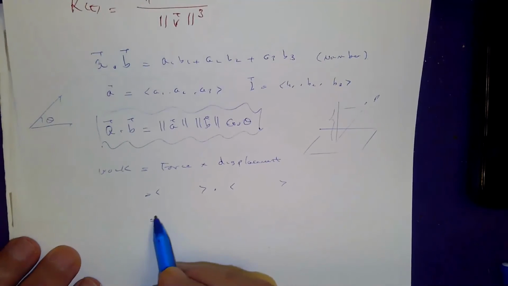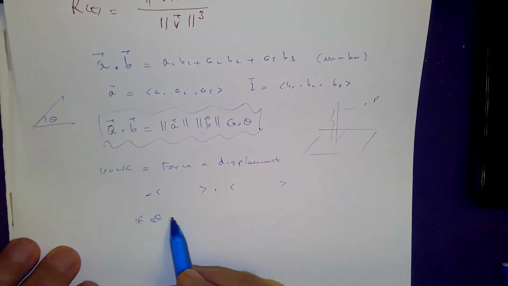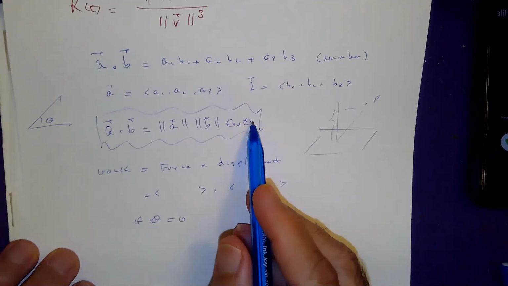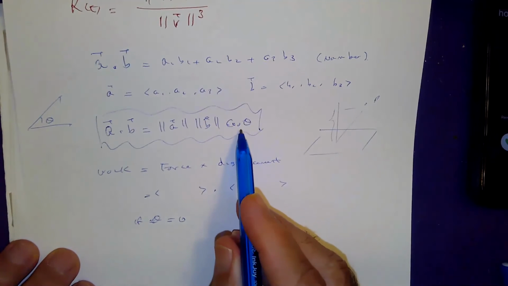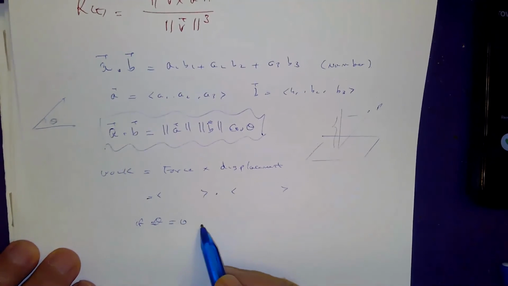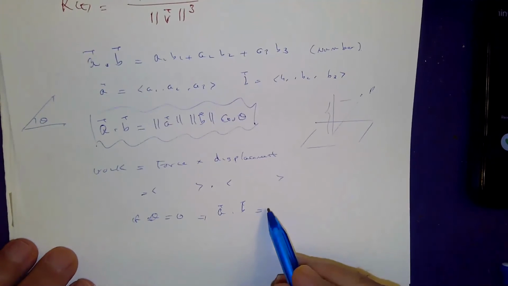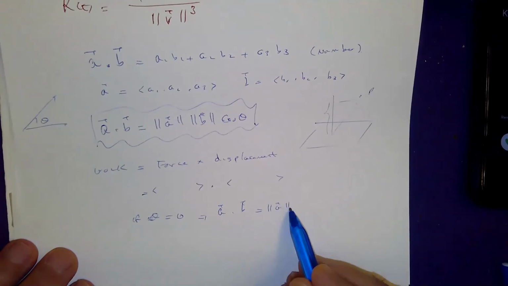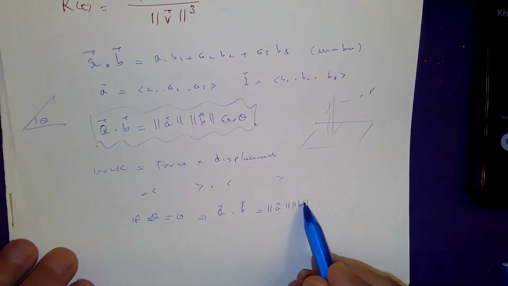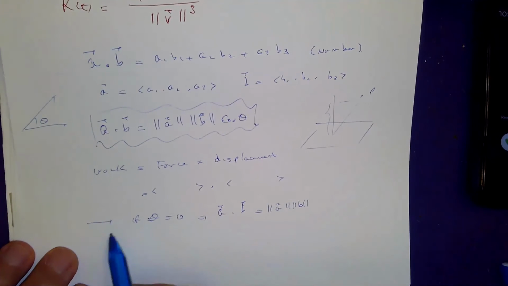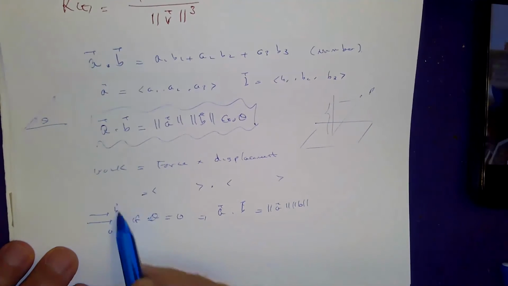All I can tell you is, what happens if theta is 0? If theta is 0, then cosine would be 1. So A dot B will be equal to magnitude of A times magnitude of B, which is a number. So that just means the vectors are parallel.